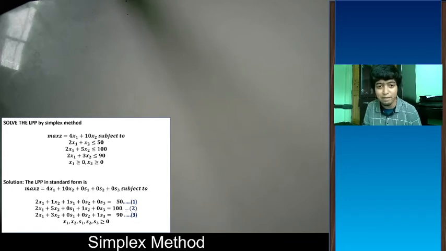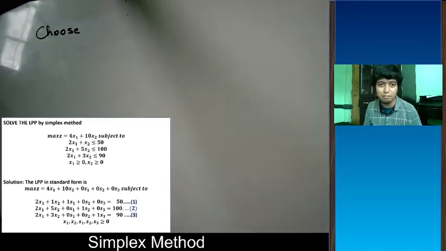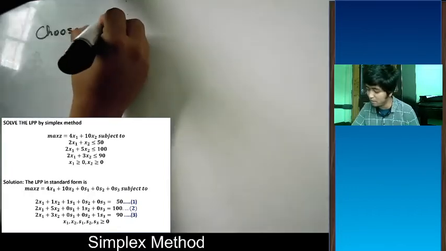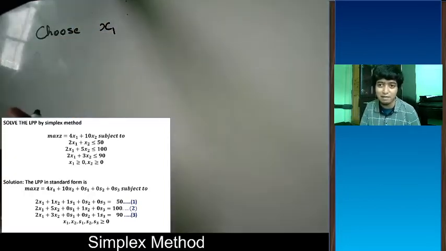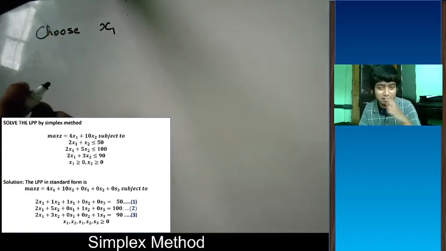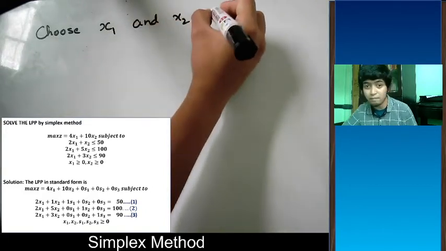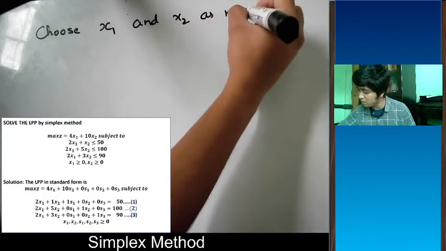So we will choose 2 variables as non-basic. You can choose any 2 variables as non-basic variables, but it is simpler and easier if you choose x1 and x2 as non-basic variables.